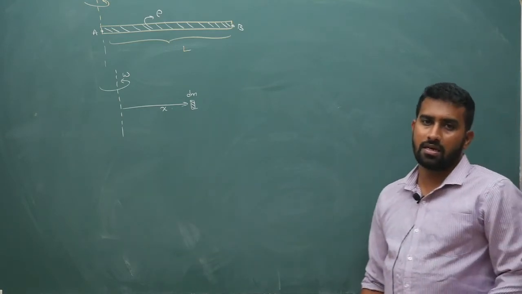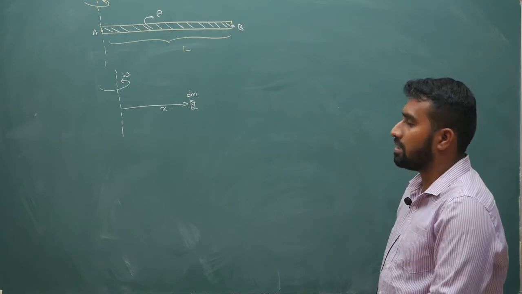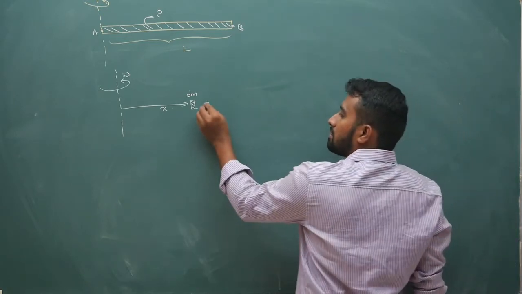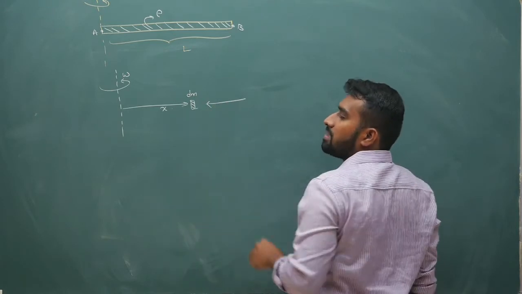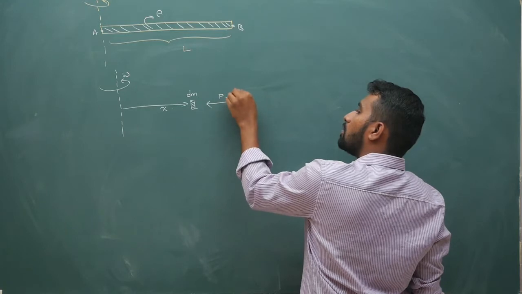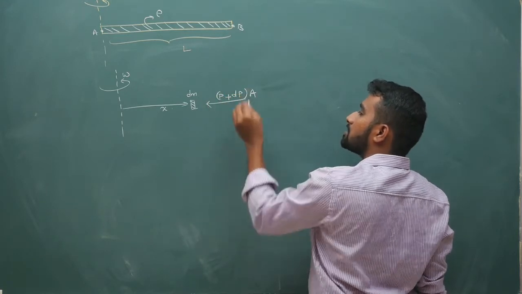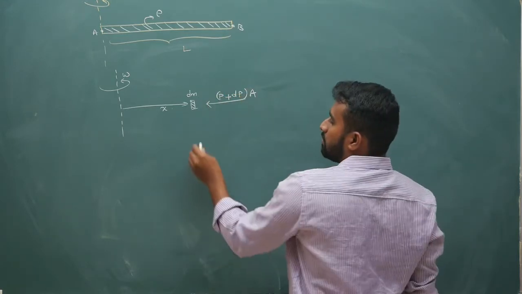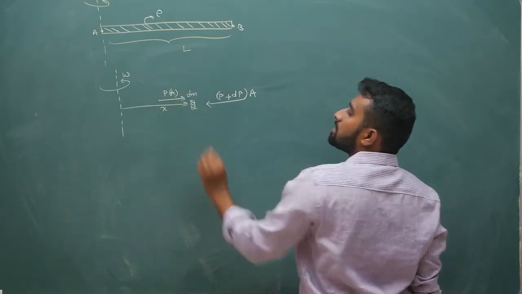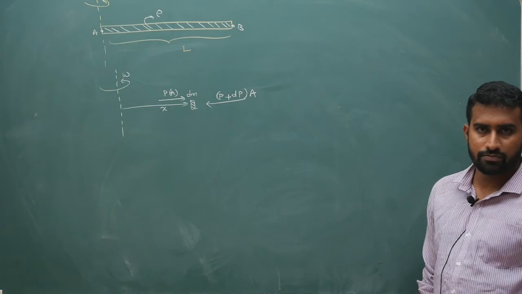So in such a case, for the resultant force to be in this manner, your pressure should be more on the right side because the force from the right side should be more.